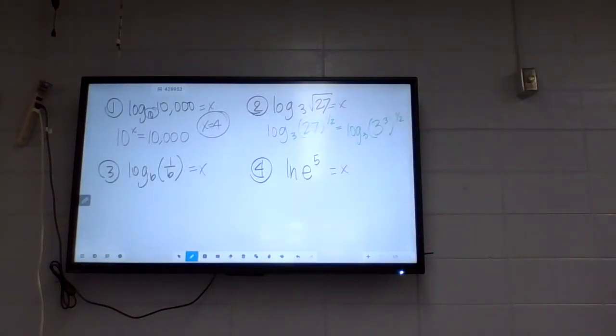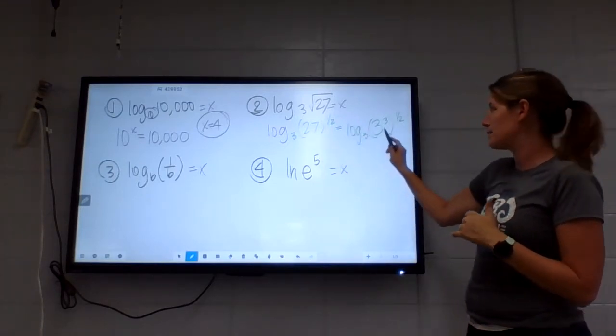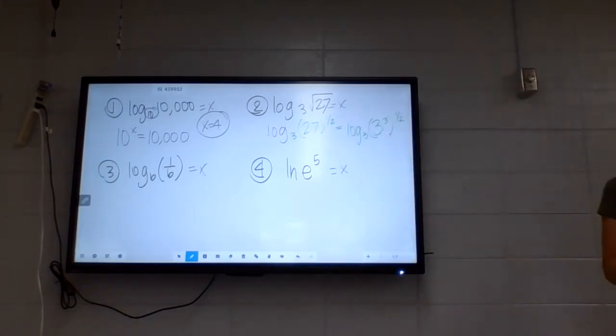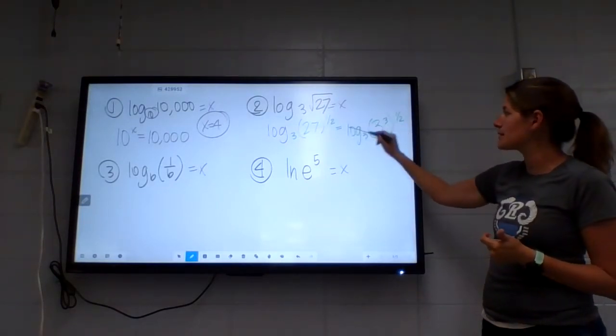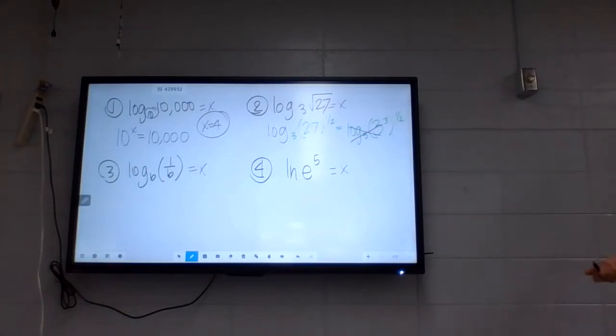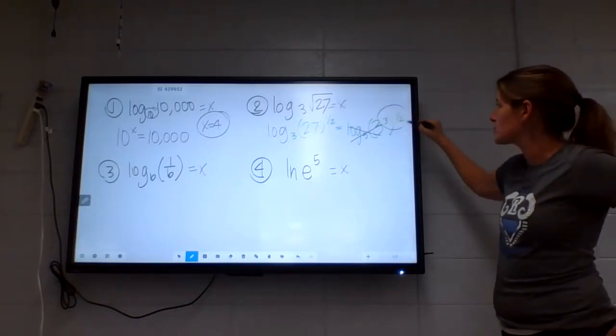So what I did here is I rewrote this using the log base 3. I chose that as my base here. What that allows me to do is when it's log base 3 of 3, this cancels. And I'm just left with 3 times 1/2, which is 1.5 or 3/2. So I'm just left with these 2 multiplied.